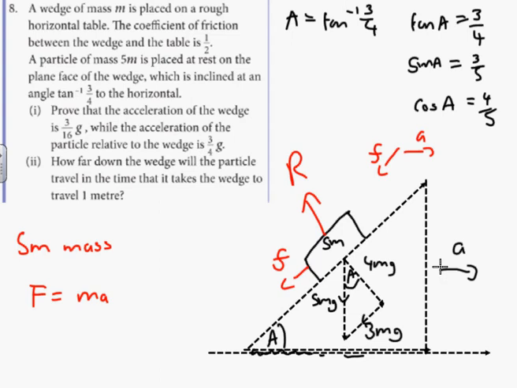I draw a big line. I pretend that's the acceleration, A. I draw it down here, and then I link it up with my slope, and then I go directly down.